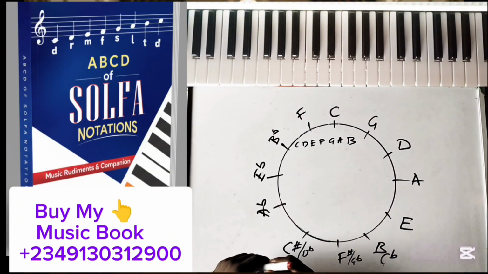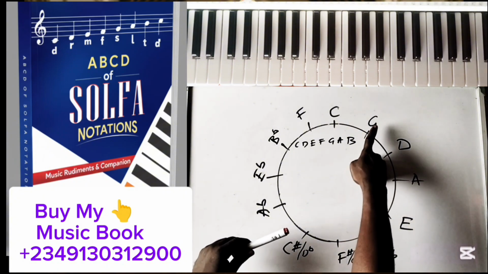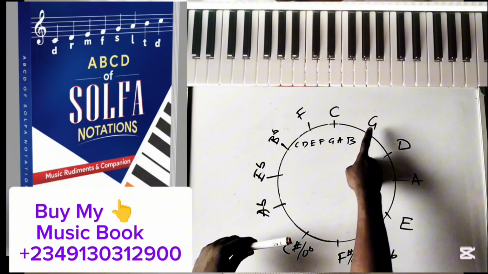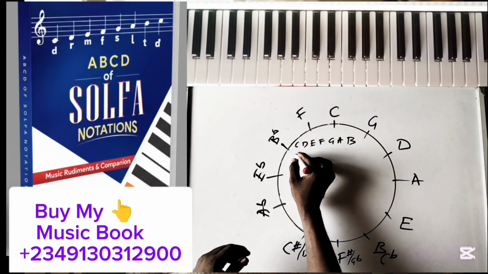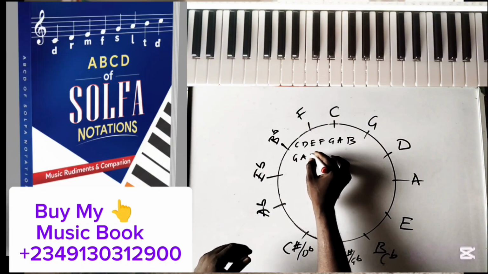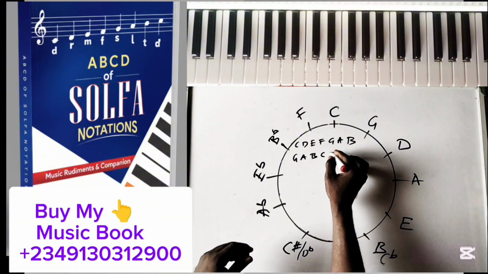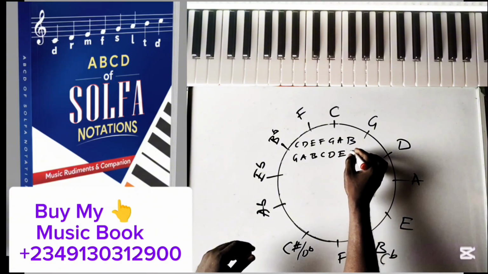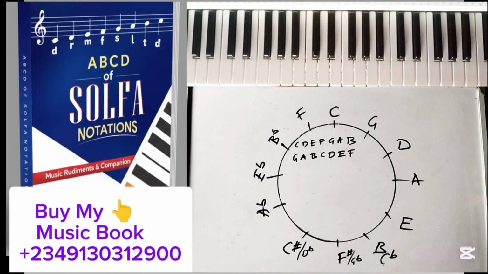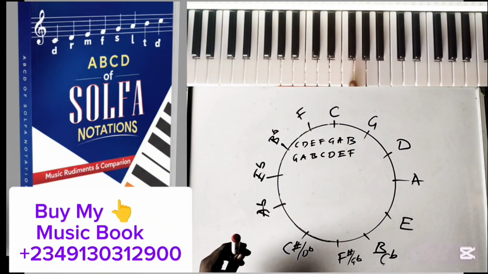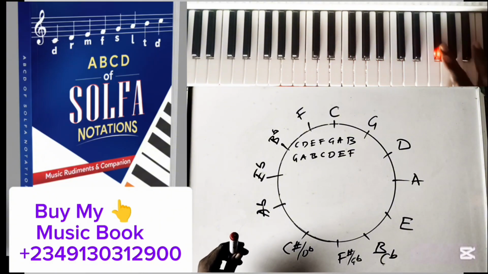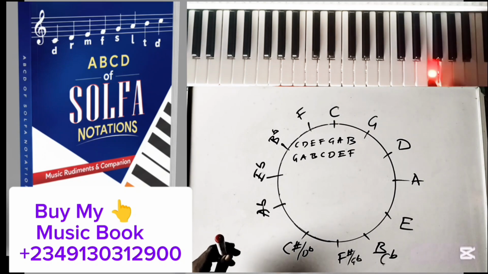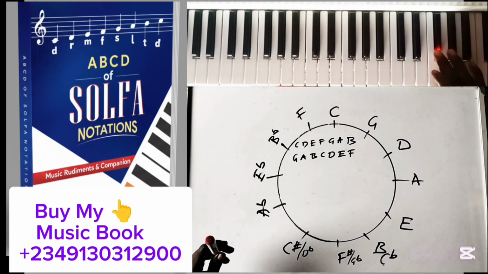But the one I love most is that the seventh note of key G in the scale is sharpened. In the scale of key G, it is G, A, B, C, D, E, F, so the F is sharpened.